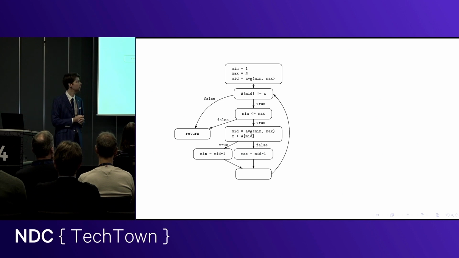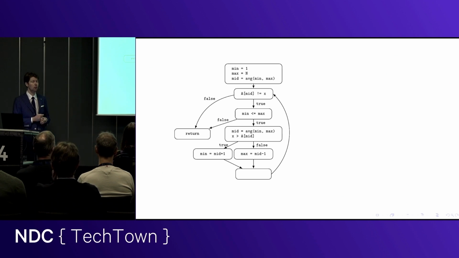One per decision, or 1 per condition rather. This is how the compiler breaks down your program. And this is where the analysis happens, in a structure like this.